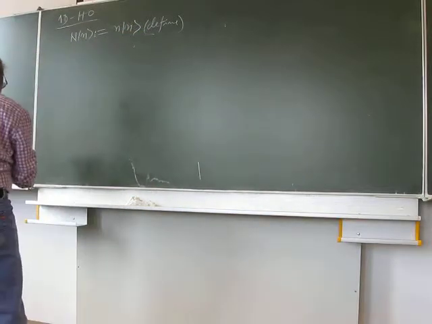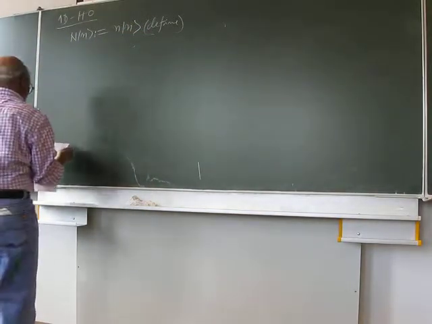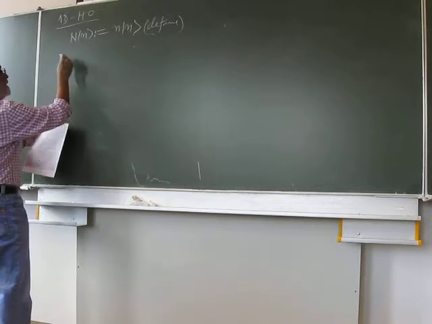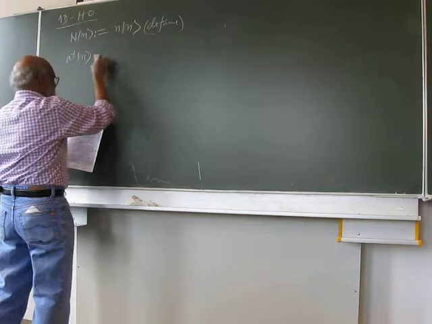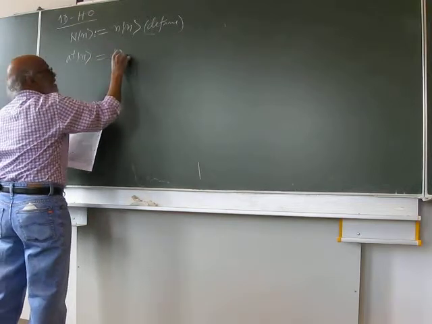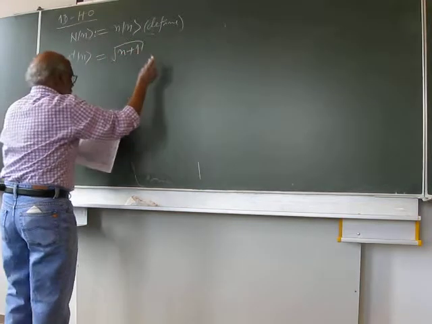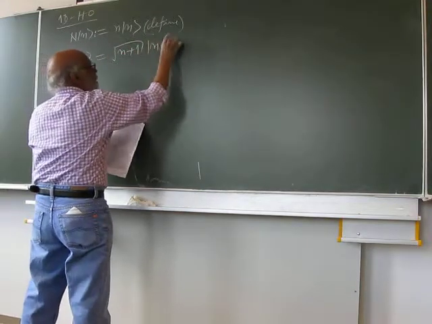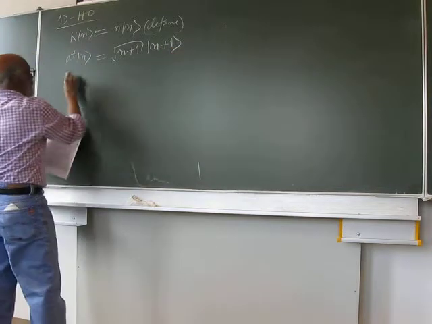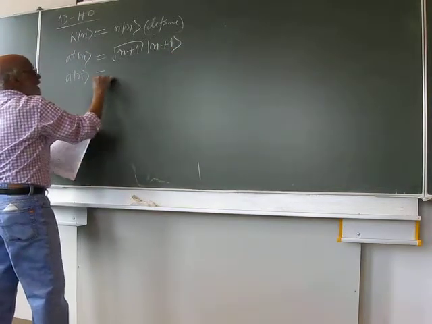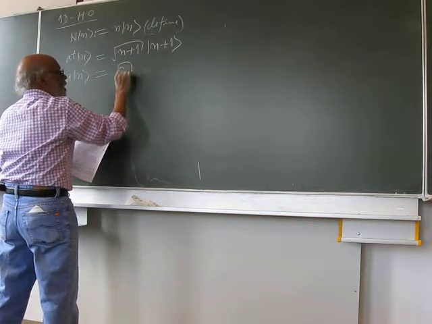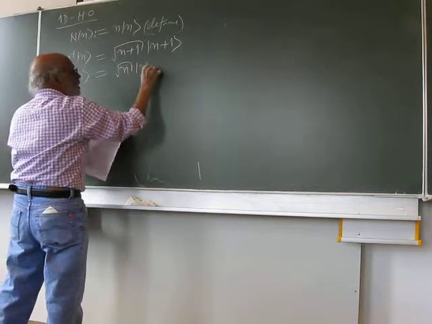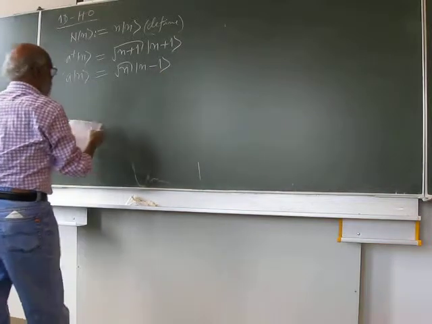Two more important results. A dagger on |n>, I'm writing in quantum mechanics language, gives |n+1>, and A on |n> gives |n-1>.